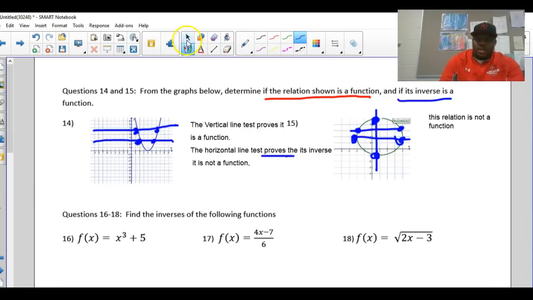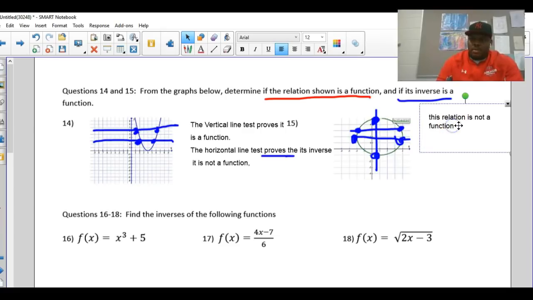All right. But since that is the case, then we can conclude the inverse of this relation is not a function.